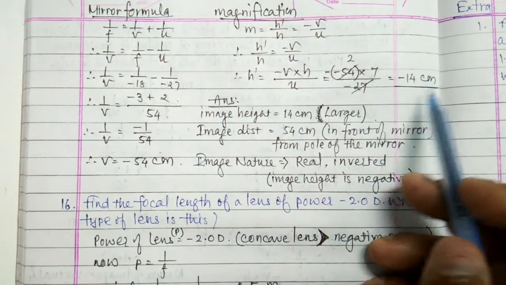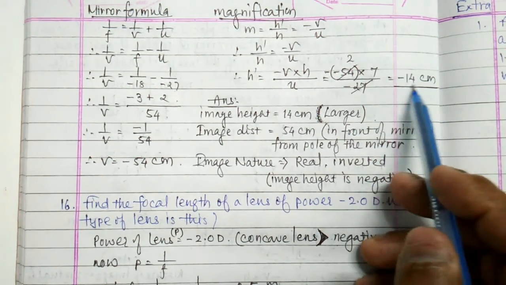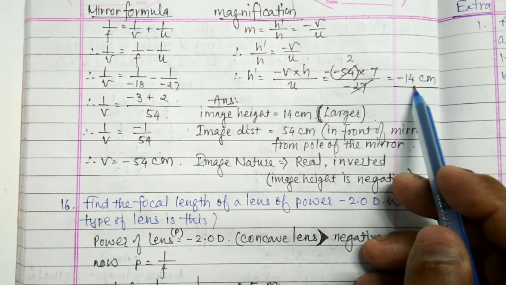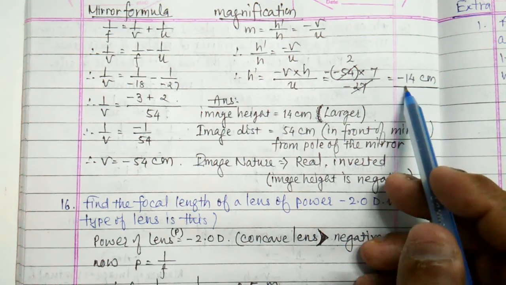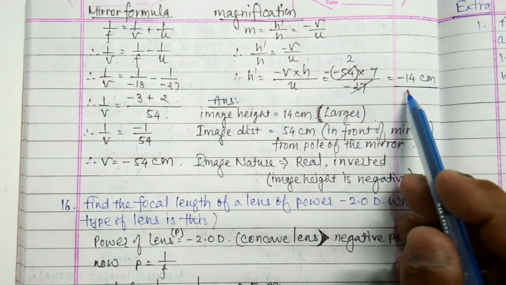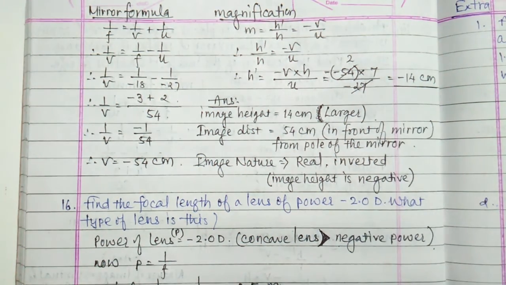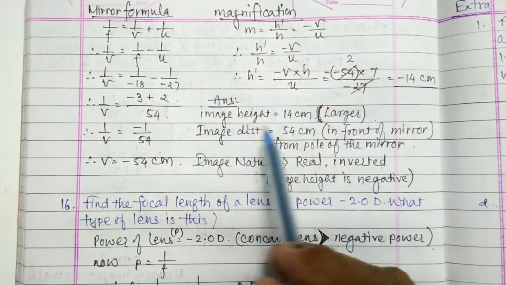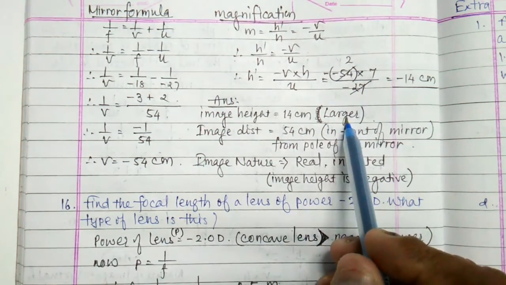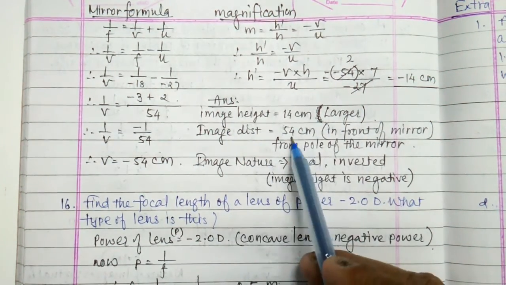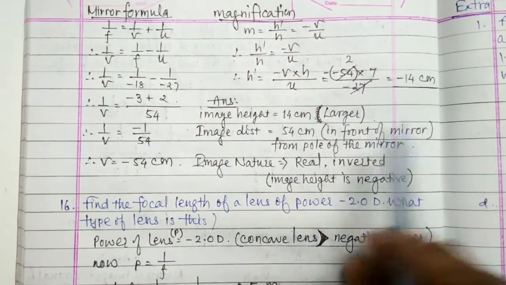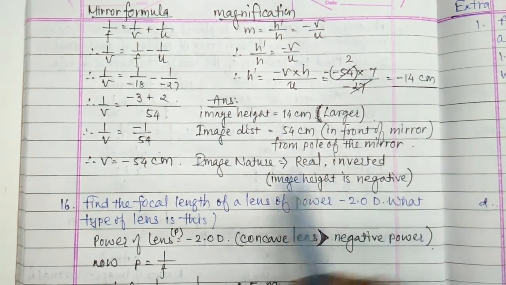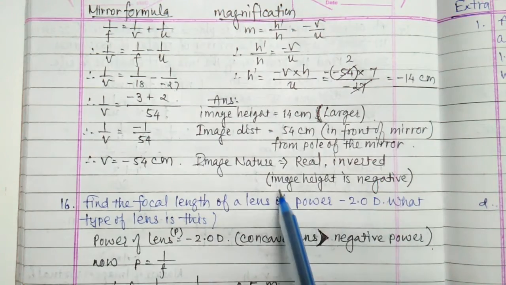minus 14 centimeter. Minus 14 centimeter means the image is inverted, because it is below the principal axis. So downward height is negative. So image height is 14 centimeter, larger, image distance 54 centimeter in front of the mirror from the pole of the mirror, and image nature real and inverted.